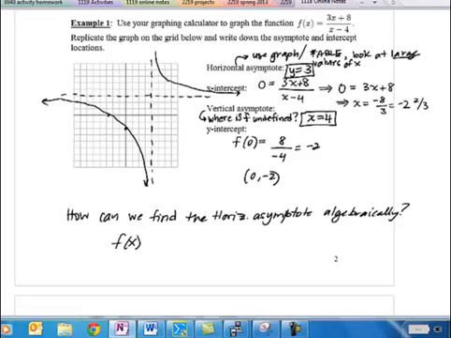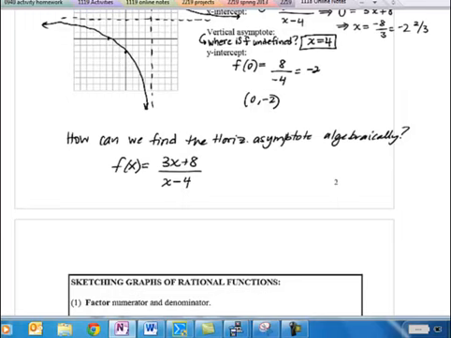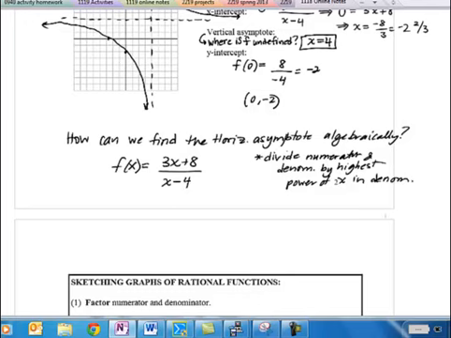We're going to look at this function, and we're going to divide both the numerator and the denominator by the highest power of x that occurs in the denominator. In this case, that's just x to the 1.